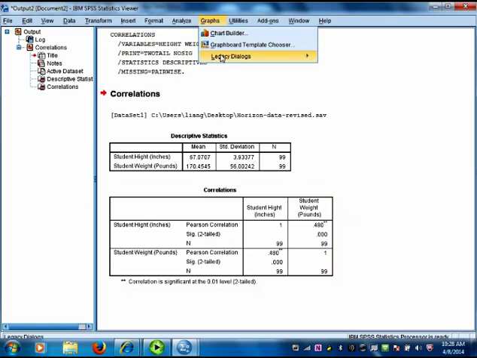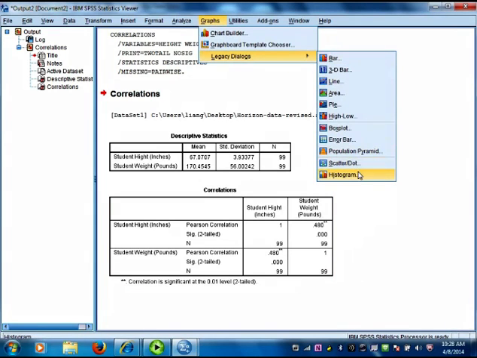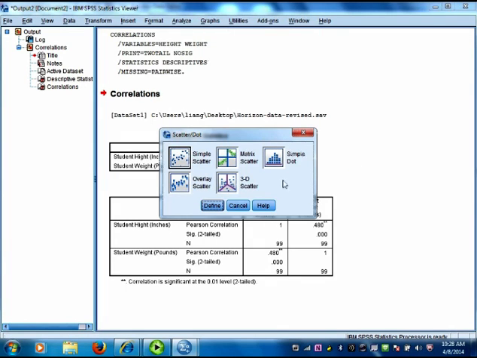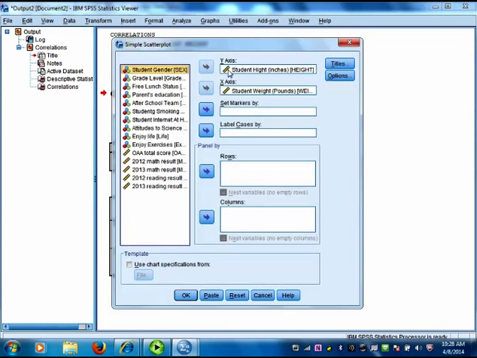If you wanted to look further, you can use a scatter plot. If I go to scatter plot and use a simple scatter plot, I can define x-axis as height and y-axis as weight.